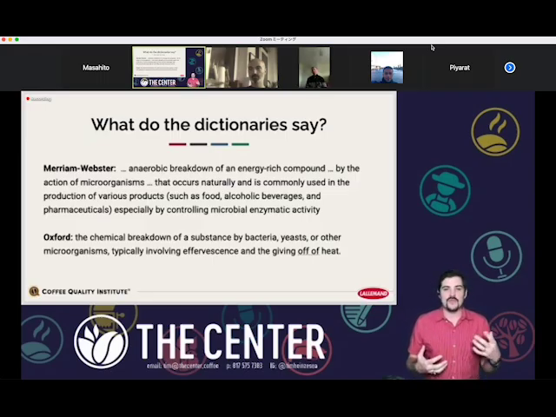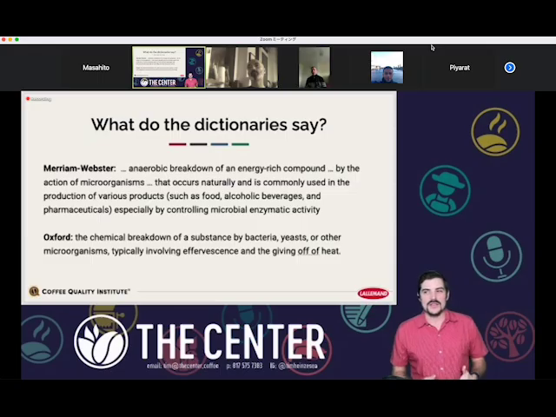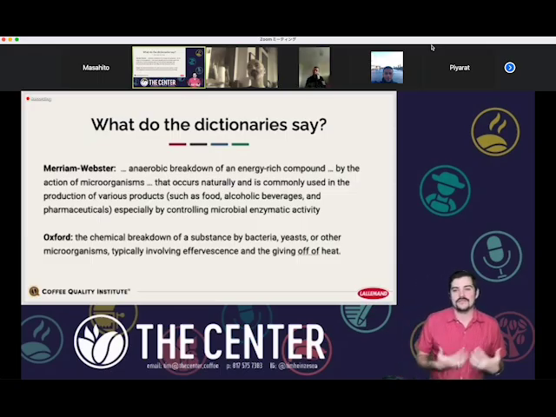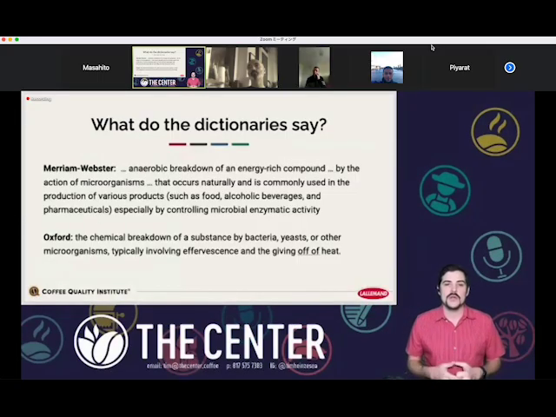On the one hand, you have Merriam-Webster, we're talking about this anaerobic breakdown. So what does that really mean, or what does that correlate to? These energy-rich compounds, what are those and how are those used? We do see that they're both really pointing to microorganisms. And tomorrow we're going to start our time really diving into those microorganisms and talking more about their properties and their characteristics.